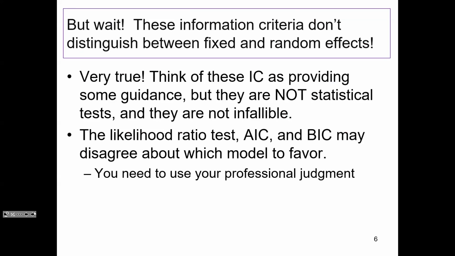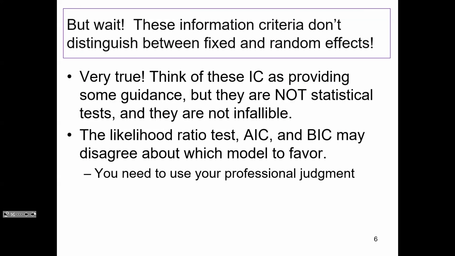For example, if I'm trying to decide whether to include a randomly varying slope in my model, it does make sense to look at the deviance test, the likelihood ratio test, and the information criteria, which give me an idea about how the fit of the model compares. But let's say I put in a randomly varying slope, and it didn't actually explain any of the variance in my outcome variable.